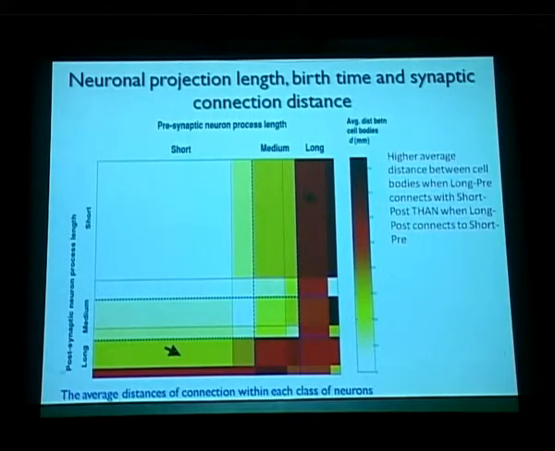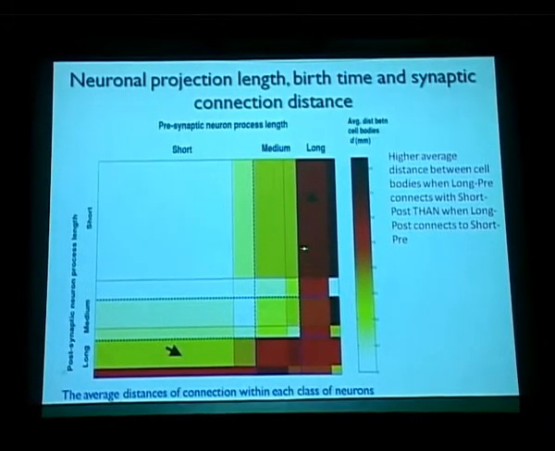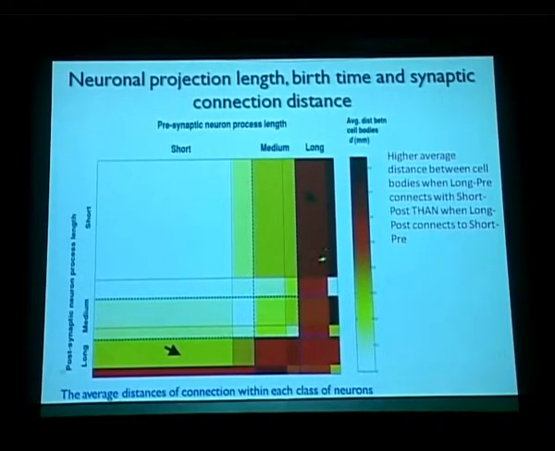So if you look at these portions, a higher average distance between cell bodies seems to occur between long presynaptic neurons connecting with short postsynaptic neurons, in comparison to, say, when long postsynaptic neurons connect to short presynaptic neurons.